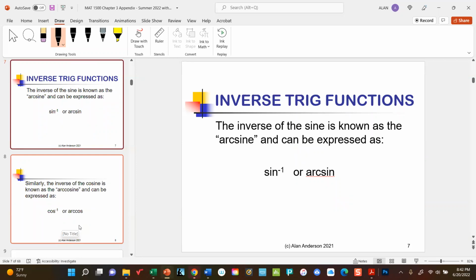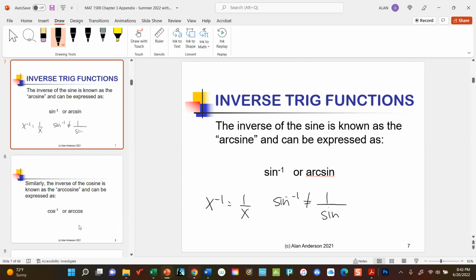It's written as sine minus 1 because it is an inverse. But a lot of books prefer to write the word arc sine because they want to make it very clear that, unlike something like this, these are not the same. Oh, actually, I forgot the x.